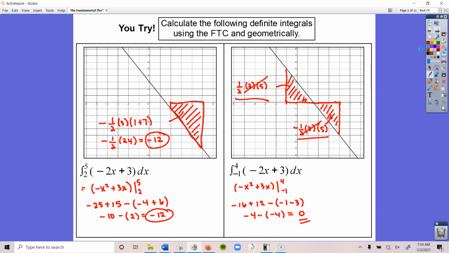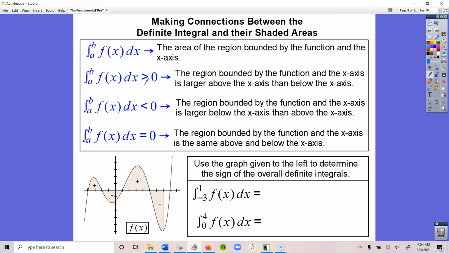Now, to sum this all up, this is what we should take from what we just did. We already saw that the integral from a to b represents the area of the region bounded by the function and the x-axis. If the area is greater than 0, that means that the region bounded by the function and the x-axis is larger above the x-axis than below the x-axis, meaning that it is a predominantly positive area.